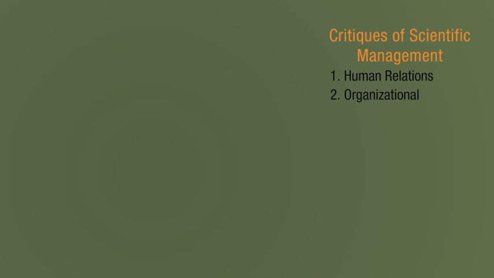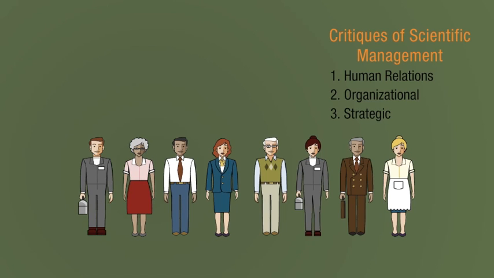Finally, we have the strategic critique. The strategic critique recognizes that when we apply scientific methods to our organization, we're applying scientific methods to people. Okay? While chemicals and to some extent animals won't really change their behavior depending on how we measure them, people will.